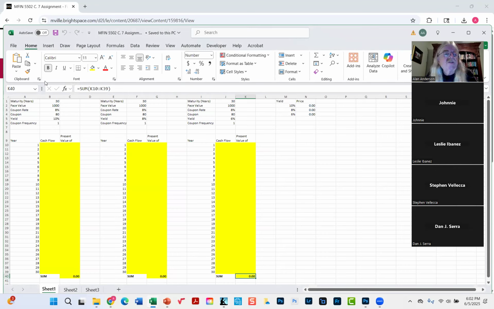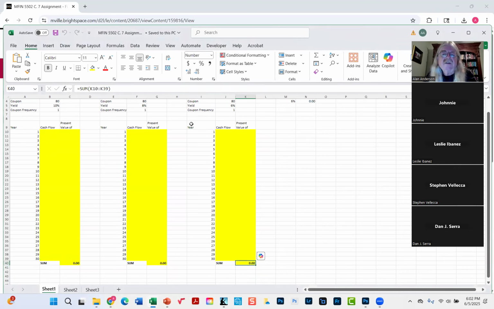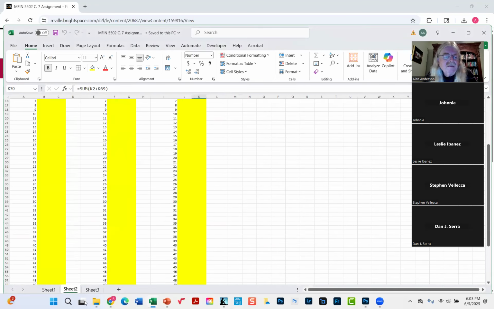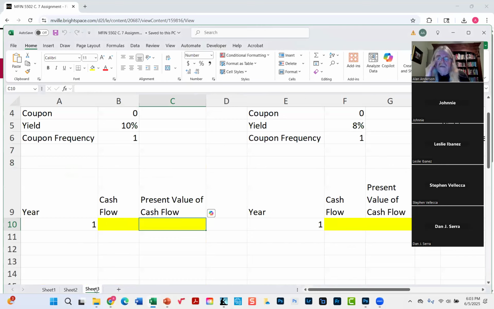You'll have data for each of these different bonds, and what you're going to do is calculate the cash flows for the bond, and calculate the bond's price. We're going to do that with several different types of bonds, and it won't be that difficult, especially after what we're doing tonight.